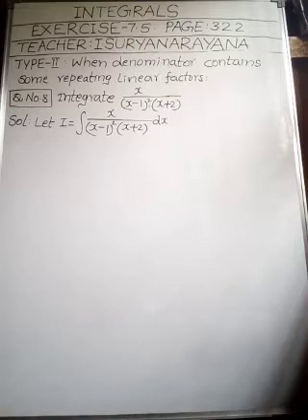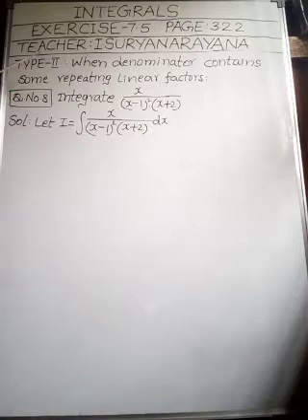Isn't it, my children? If you observe question number 1 to 6, denominators are non-repeated linear factors. Whereas, come to question number 8, this is type 2. And one more type is there. Only 3 types are there in this exercise. I will explain the third type in the next class.